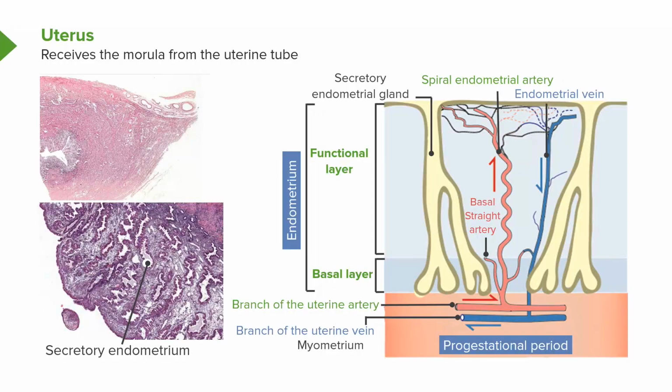So we're going to describe the changes to do with the secretory endometrium. First of all, when you look at the section, it's got a very bluish stain to it. It's a very active tissue. All the cells there are highly active, doing various jobs that I'll describe as we go through this lecture.